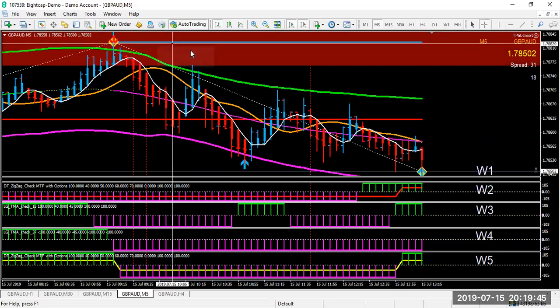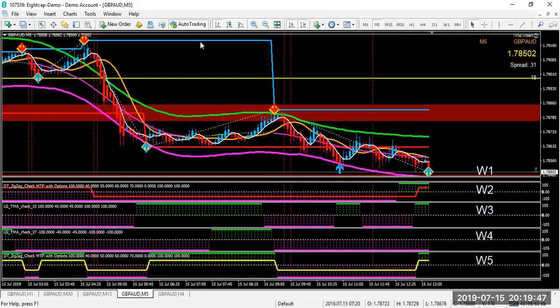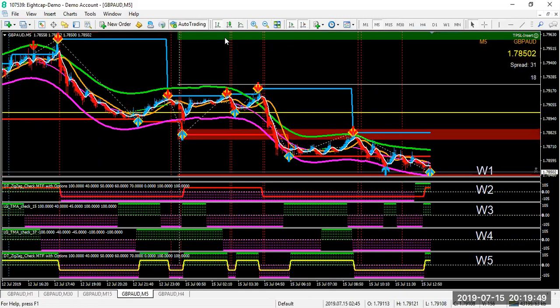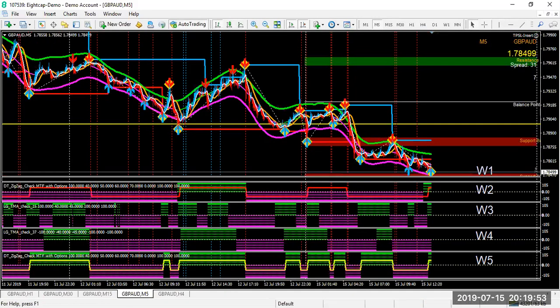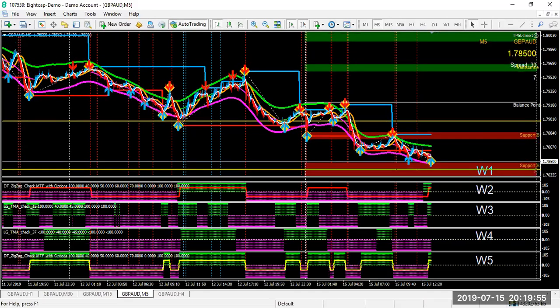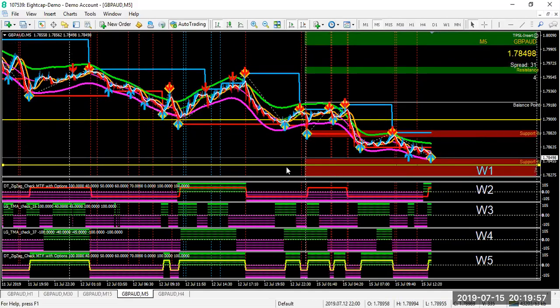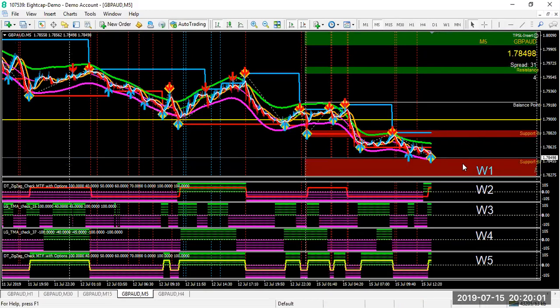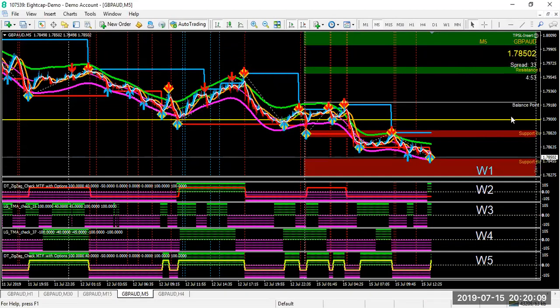On top of that, you can see we have our support and resistance bands. Support band, resistance band: these two below are support, resistance up there, and our daily pivot, which is called the balance point.